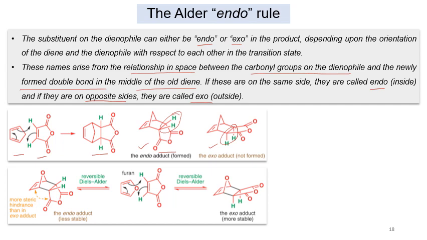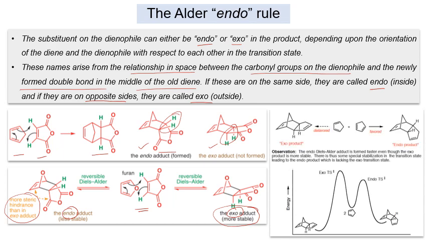So you can see here, this particular reaction can give you an exo product or an endo product. In the endo product, you have more steric hindrance, whereas in the exo product, you do not have that much steric hindrance. Therefore, the exo adduct is more stable energetically than the endo adduct.